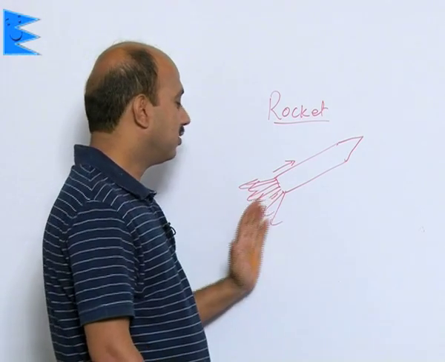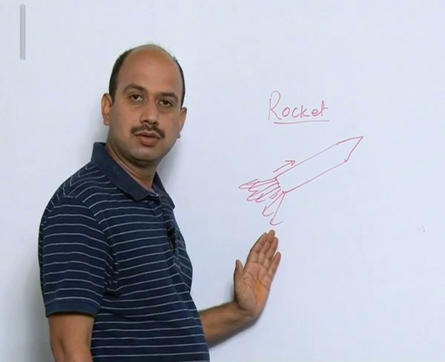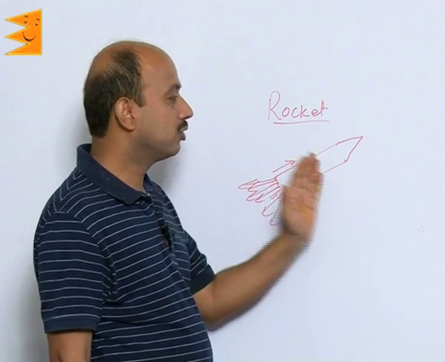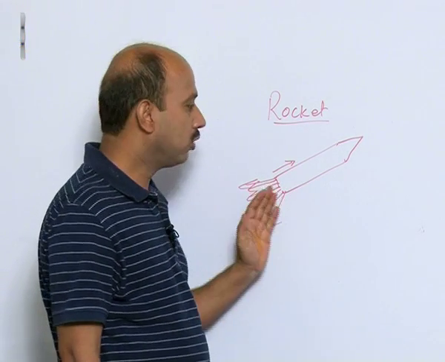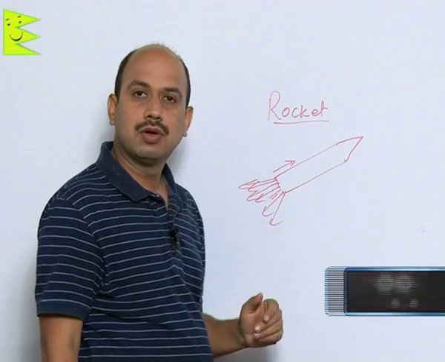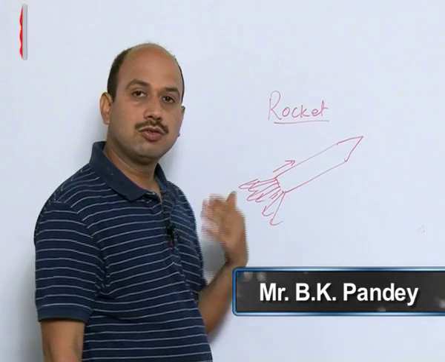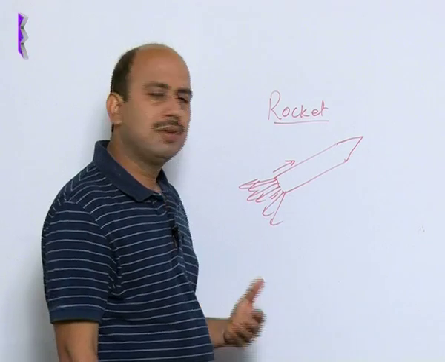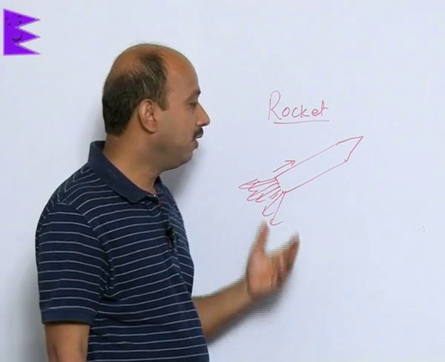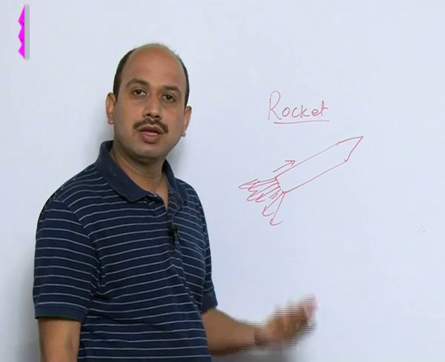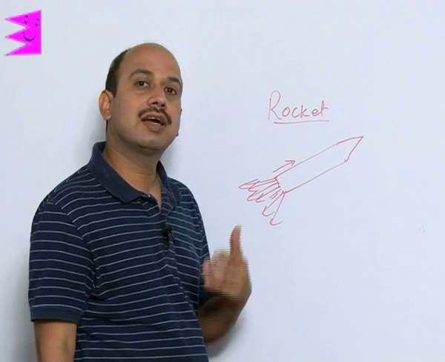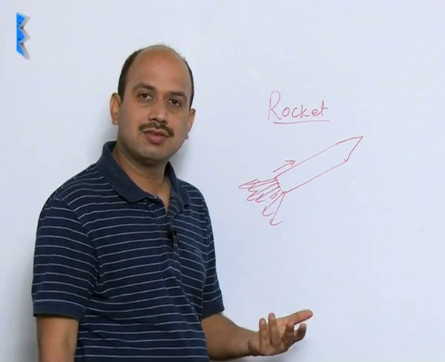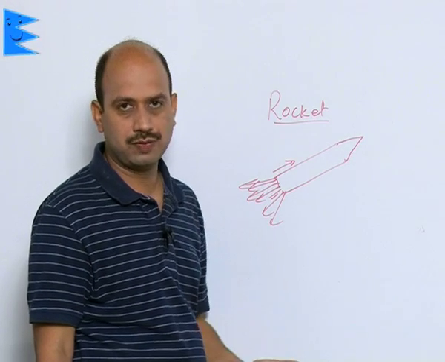As these gases come out with great speed, they apply reaction on the rocket. Because of this the rocket goes up. So here it is also working on action and reaction. Whatever the place, even in space, the rocket can move because it is working on action and reaction. Action and reaction come due to burning of the gases. It does not require ground or any atmosphere.